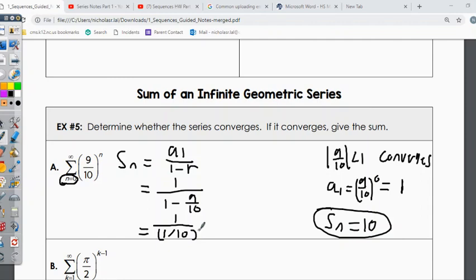B is pretty simple. Pi over 2, which is equal to r, the absolute value of pi over 2 is greater than or equal to 1. Because it is greater than or equal to 1, the series diverges.